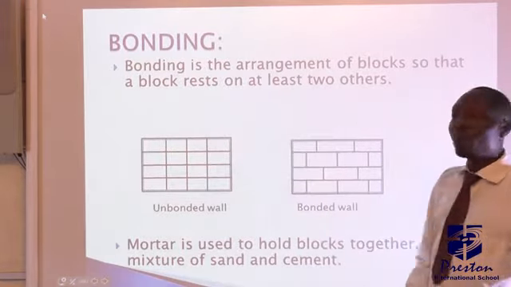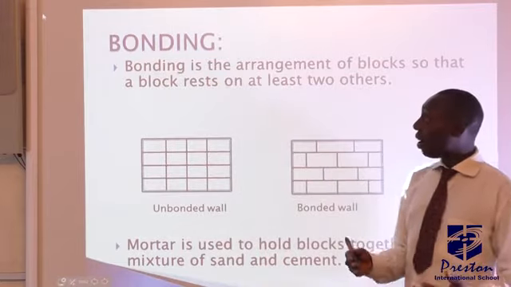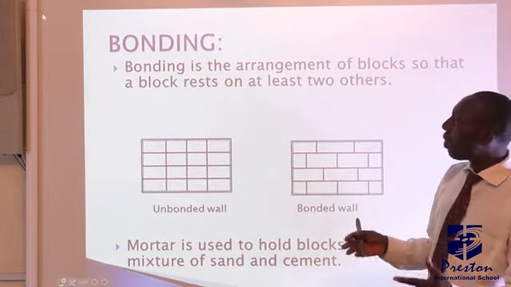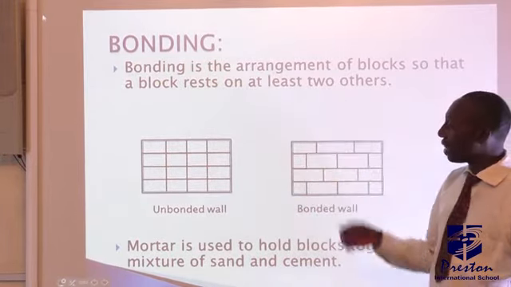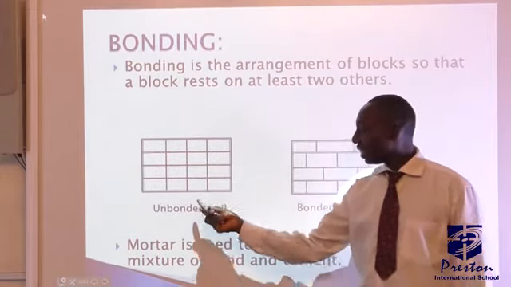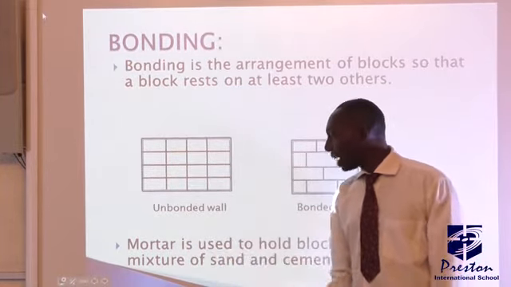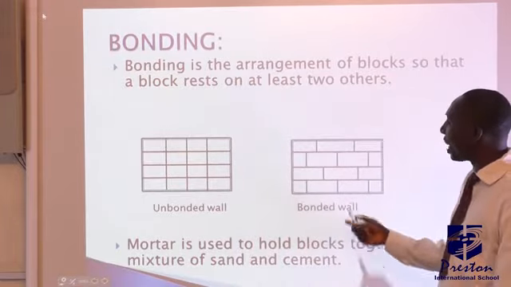Bonding is the arrangement of blocks or bricks so that a block rests on at least two others. Look at this diagram of an unbonded wall, and look at a bonded wall.